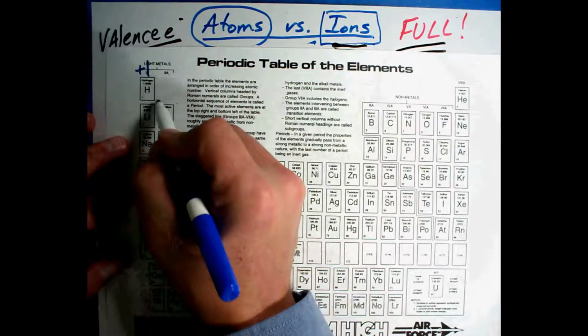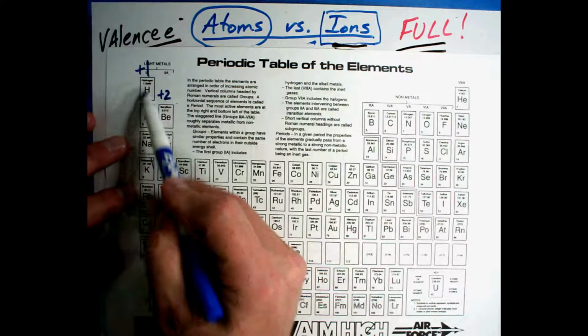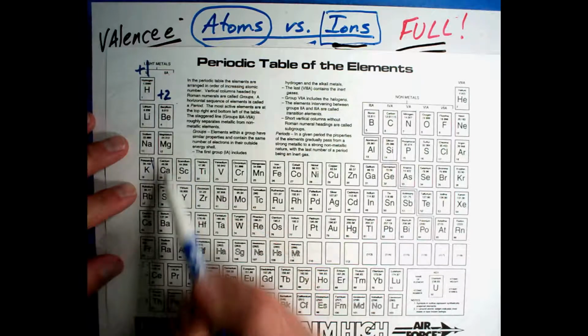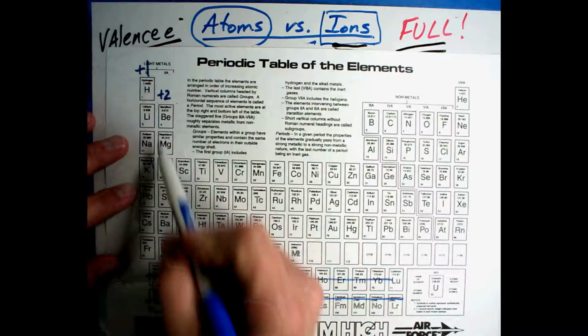Everybody in this column is a +2 charge. Always a +2 charge. Now when I say in the column, all the way to the bottom. Now we're not going to go into these 2 rows because these guys are the inner transition metals. We're not talking about those. Now you don't have to draw that line. I'm doing it on mine so that you can see. So all the way down, all these guys, +2 charge.